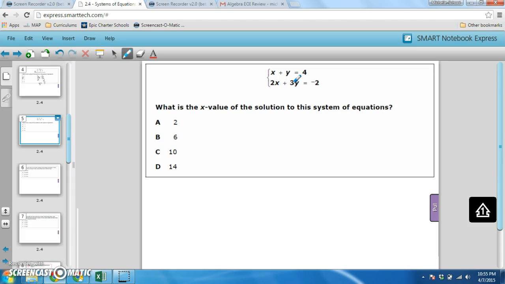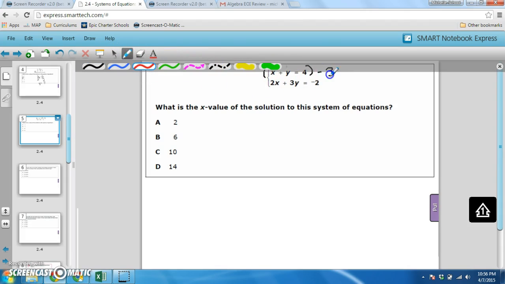So I always ask my students, okay, they're asking for x, so we need to get rid of y. We have 1y and 3y. What's the easiest thing to do? There's lots of solutions, but what I would do is I would multiply this first equation by -3. Okay, then I'll have a -3y and a positive 3y, and then when I add them together, they go away.